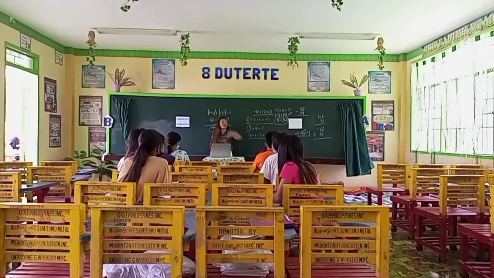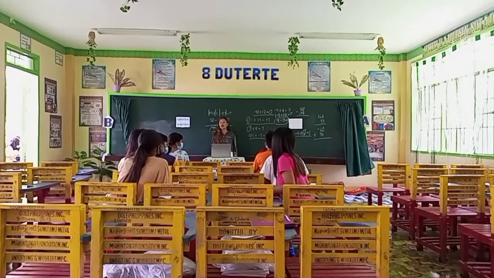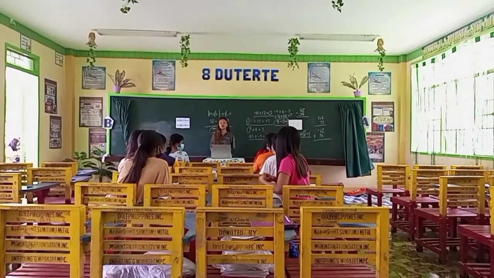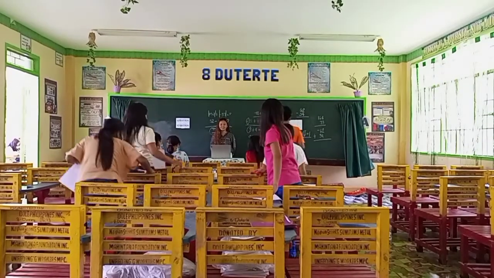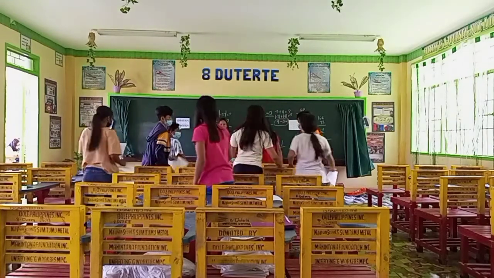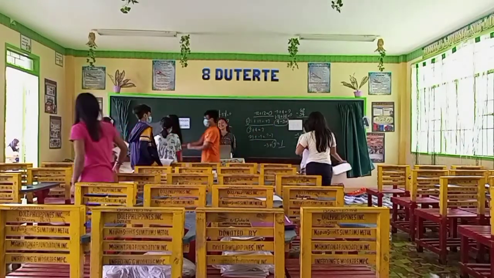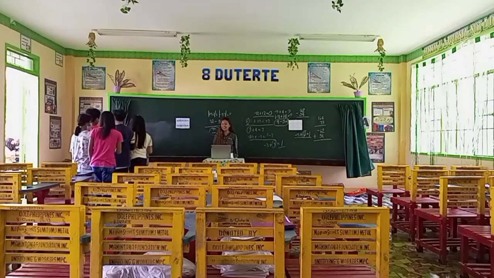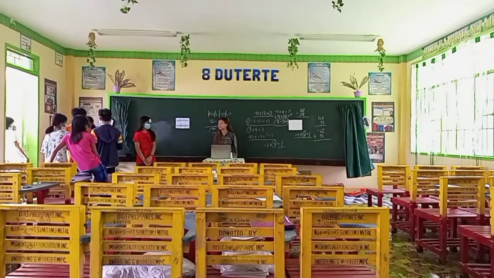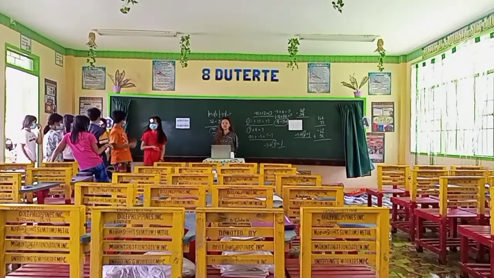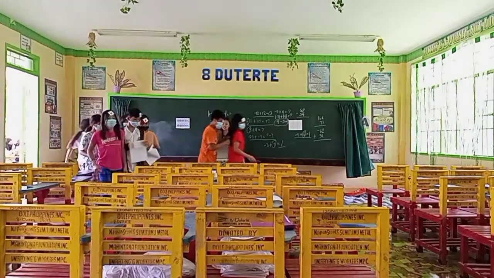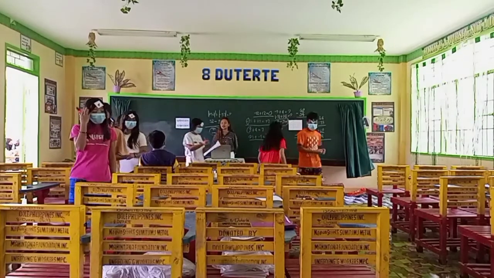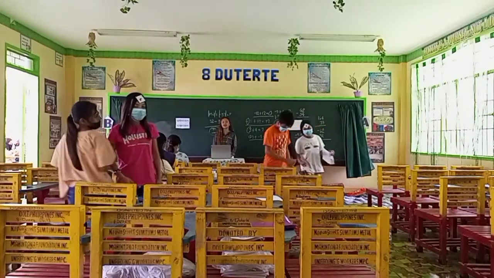Letter D, 4. Ano ang sagot? Go to the letter. Okay, the correct answer is 0. The sum of any integer and its opposite is equal to 0. Tandaan nyo, ha?